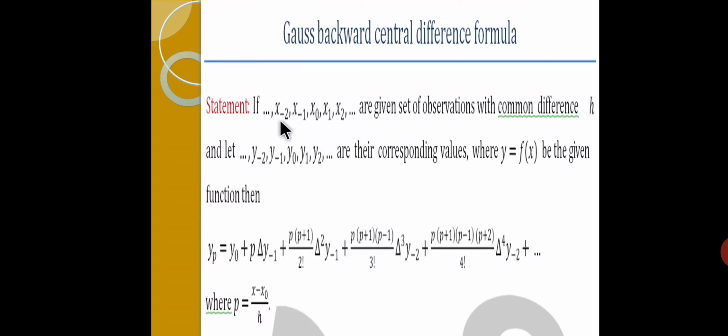The statement is: if x minus 2, x minus 1, x naught, x1, x2 are a given set of observations with a common interval difference h, and let y minus 2, y minus 1, y naught, y1, y2 be their corresponding values, where y is equal to f of x is the given function, then yp is equal to y naught plus p delta y minus 1 plus p into p plus 1 by 2 factorial delta square y minus 1, plus p plus 1 into p into p minus 1 by 3 factorial delta cube y minus 2, plus p plus 2 into p plus 1 into p into p minus 1 by 4 factorial delta power 4 y minus 2, plus and so on, where p is equal to x minus x naught by h.